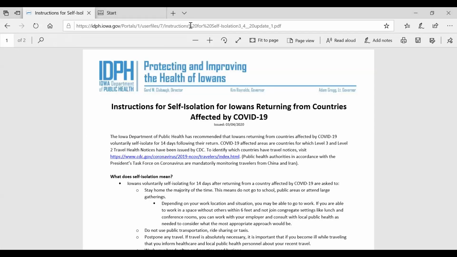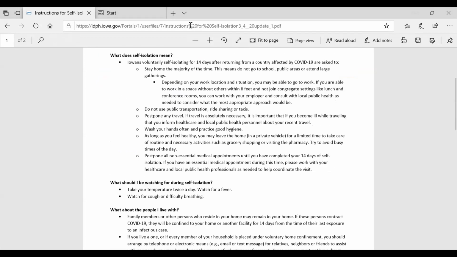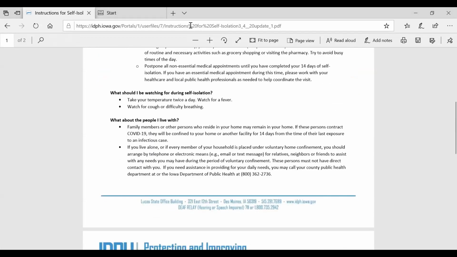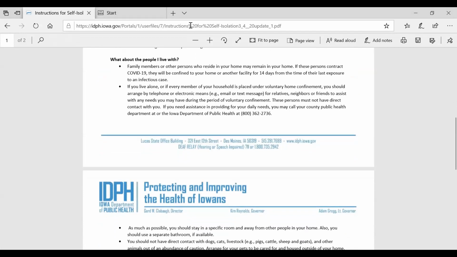I apologize for the speed of our connection here. So if you go through this document, it does address what about the people that we live with. So this is a great resource that you can share with these families if they have questions. We want these people to isolate themselves to a specific part of the house, a specific room.